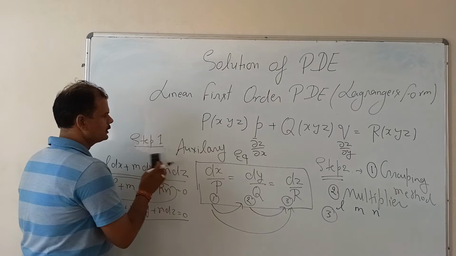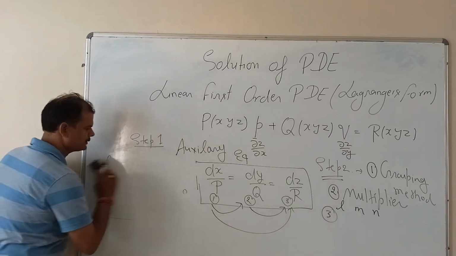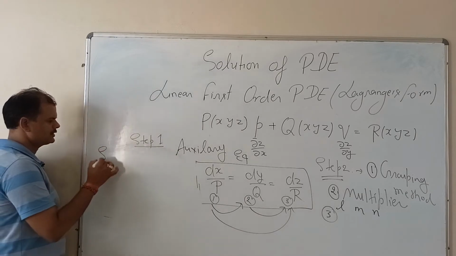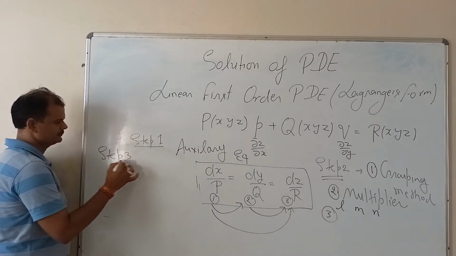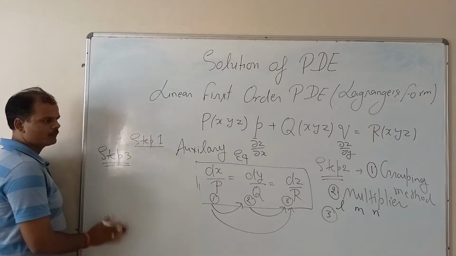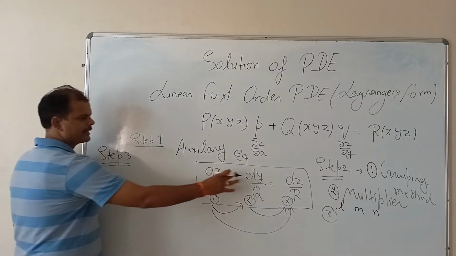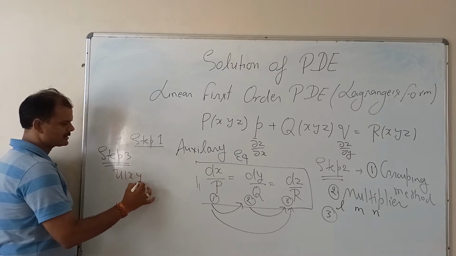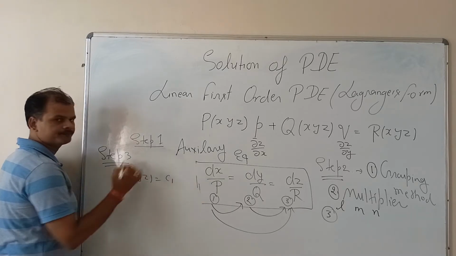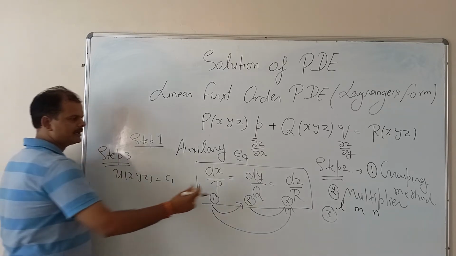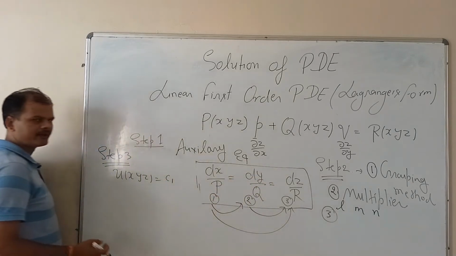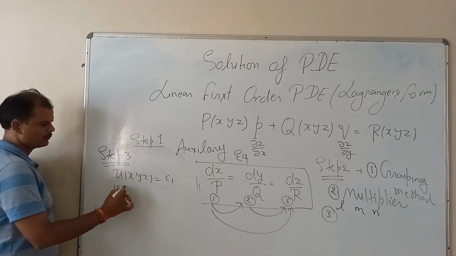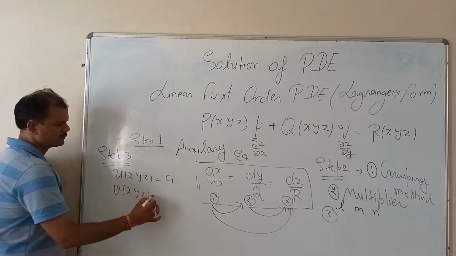Okay, now step 3, the last one. If we take any two ratios and solve, we get one solution, u(x,y,z) equal to c1. In the same way, we can take two other fractions and find another solution, v(x,y,z) equal to c2.